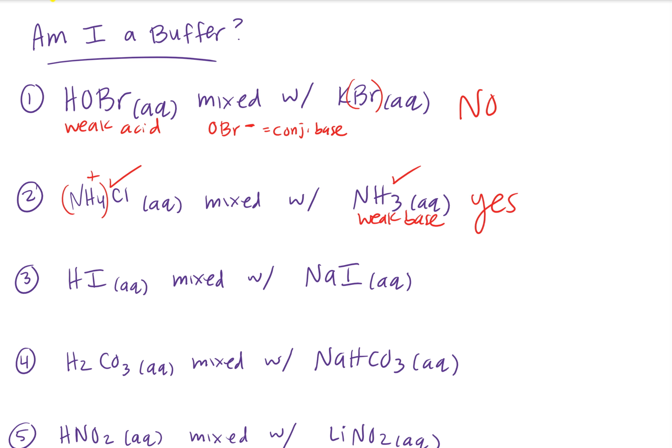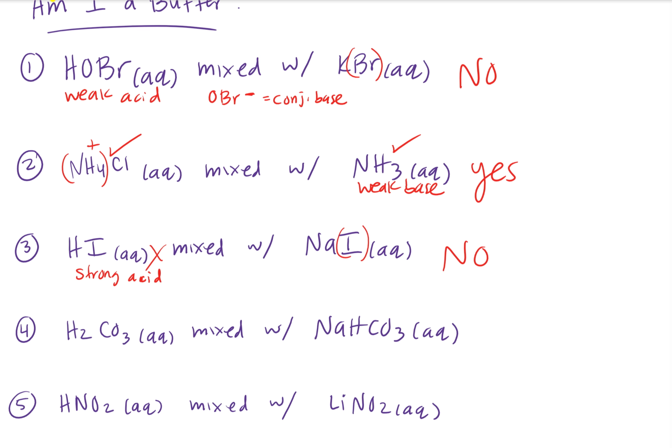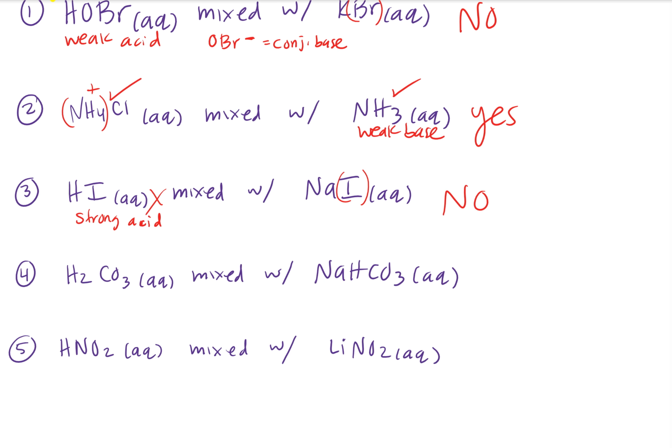So yes, this is a buffer. Number 3, HI. That's a strong acid. And I don't even care what you're putting it with. Yes, I know it looks like it's a conjugate, but that's strong. Cannot use strong in a buffer. No buffer.